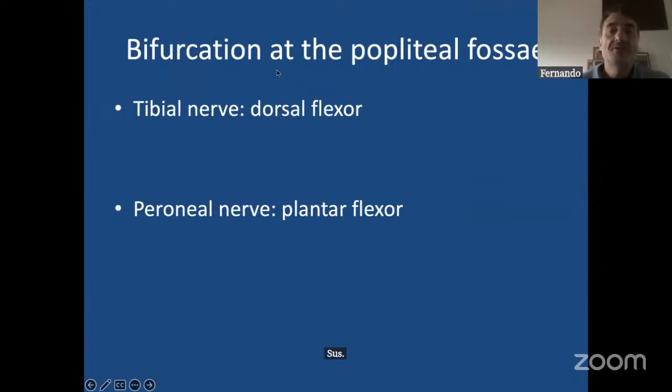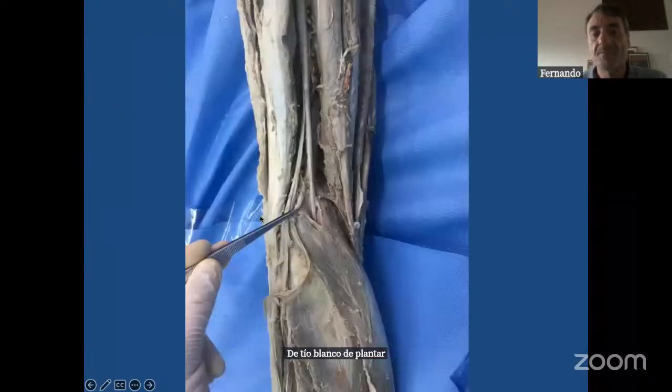The nerve ends by bifurcation in the popliteal fossa into the tibial nerve, that is the dorsal flexor of the foot, and the peroneal nerve. This is not correct. The tibial nerve is the plantar flexor, and the peroneal nerve is the dorsal flexor. Sorry.